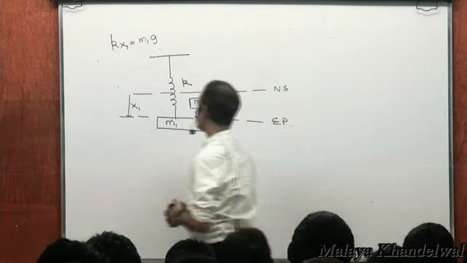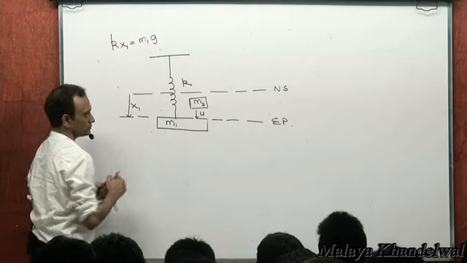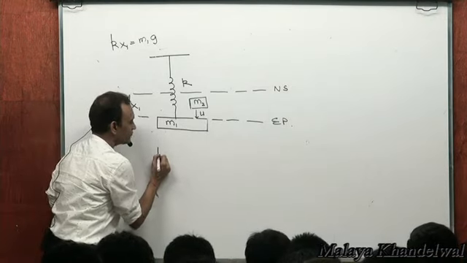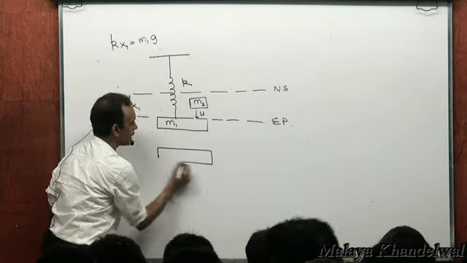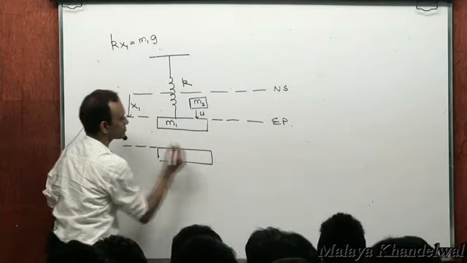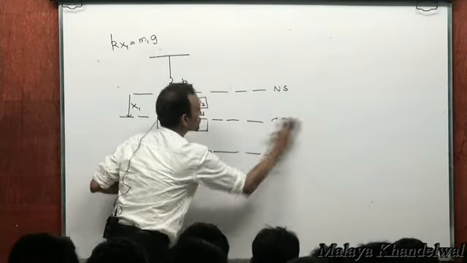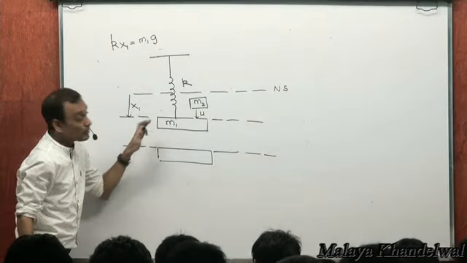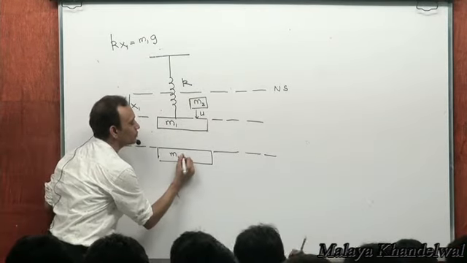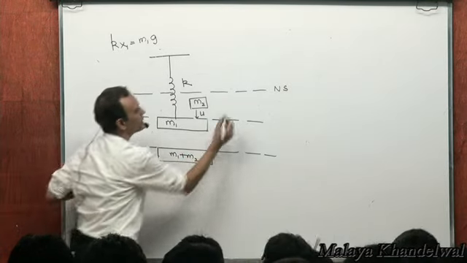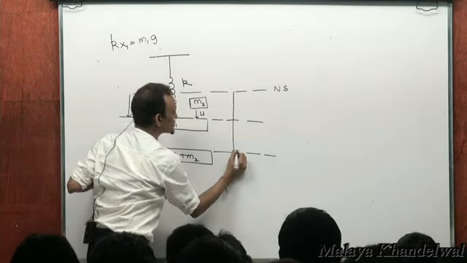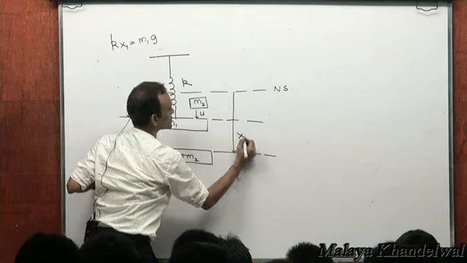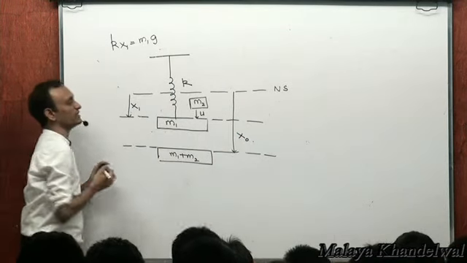Now, m1 plus m2 would acquire a new equilibrium state. So this will not be the equilibrium state anymore. This was the equilibrium state for m1 alone. But now for m1 plus m2, this would be the equilibrium position, say x naught.